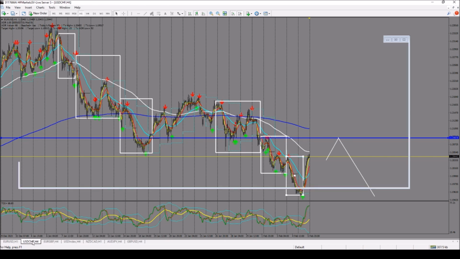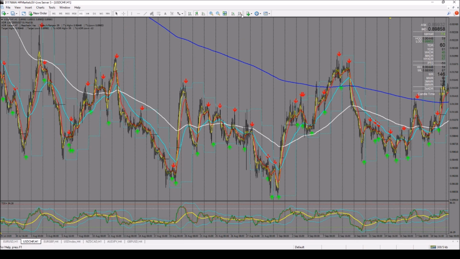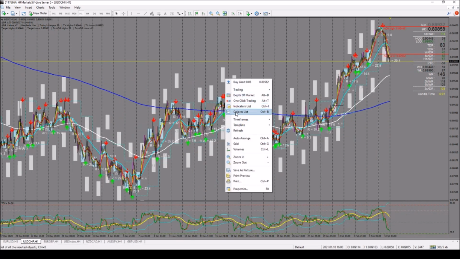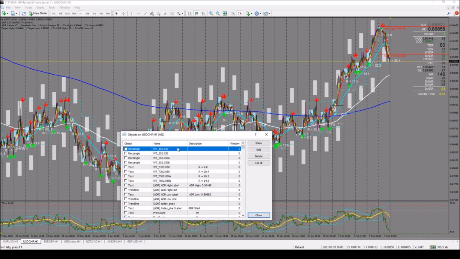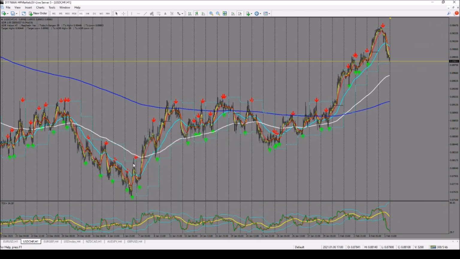Then USD CHF is actually moving in the same manner. As we can see, this is H4 time frame, and from the H4 time frame, we have already had 1 push up, and this is all consolidation and the second push. If we go on the H1 time frame, you can see that we had the first level, the second level, and then the third level, and this was now consolidation for reset.